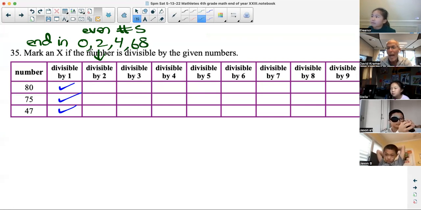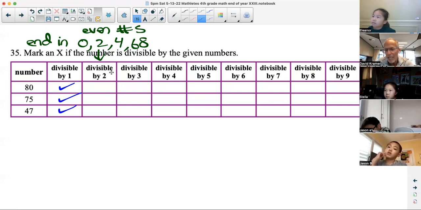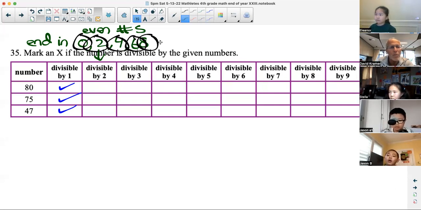That's right. Now, is 80 divisible by 2? Jason E, is 80 divisible by 2? No. Does it end in a 0, 2, 4, 6, or 8? 0. So it's divisible by 2. Right.